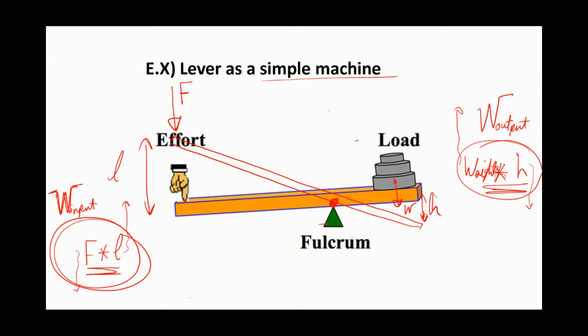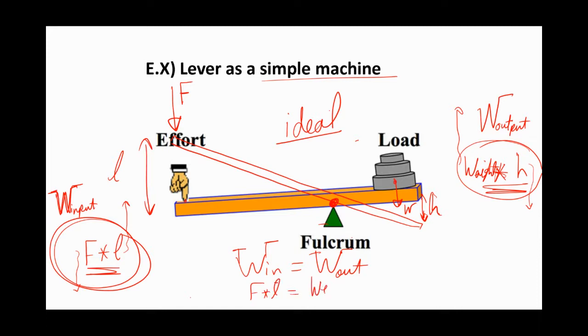The best scenario is when this is the ideal lever, the input work equals the output work. This is if it is ideal. So in this case, if it is ideal, F times L equals the weight times H. Okay, the input work equals the output work.